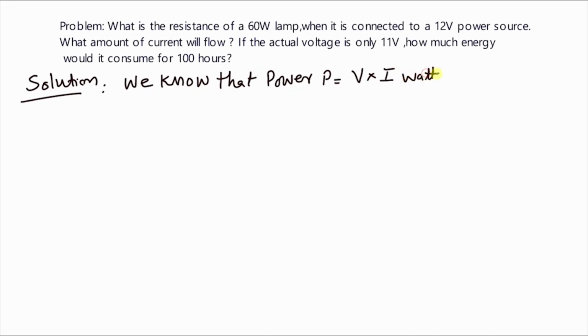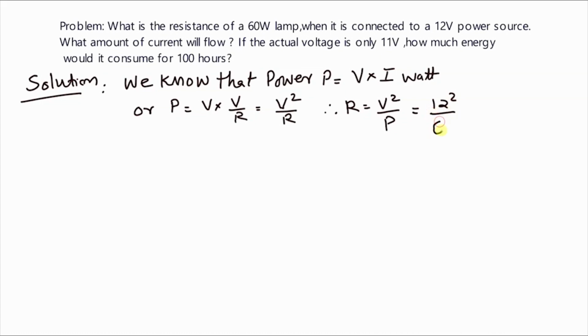Or P is equal to V into V by R. Therefore, R is equal to V square by P. That is equal to 12 square by 60, that is 144 divided by 60.